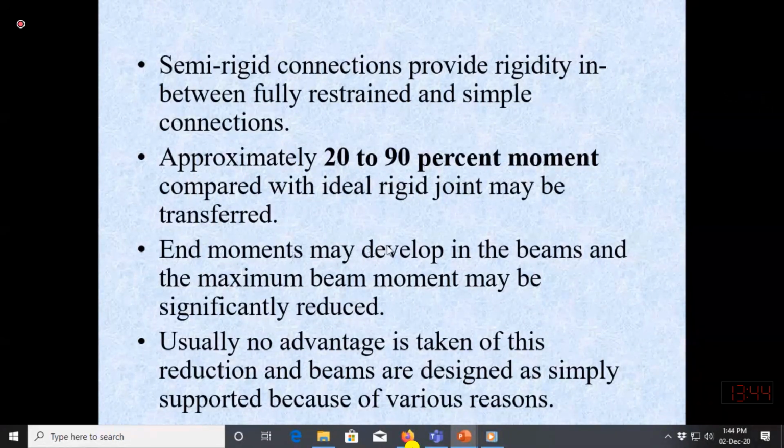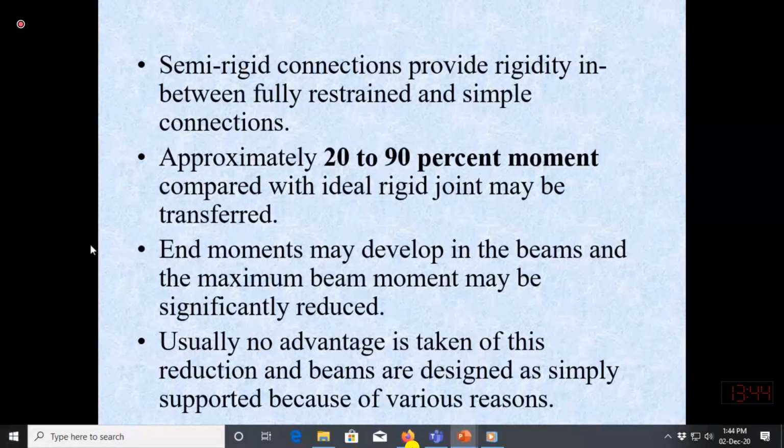So end moment may develop in the beam and maximum moment may be significantly reduced. Usually no advantage is taken of this reduction and beams are designed as simply supported. So in design we may either consider the ends as fully rigid or fully simply supported.